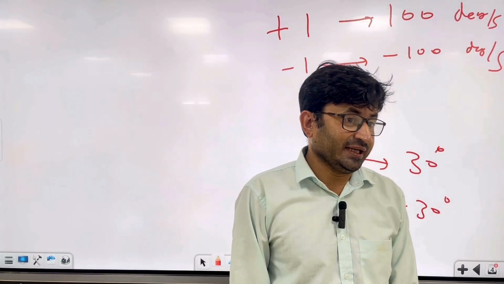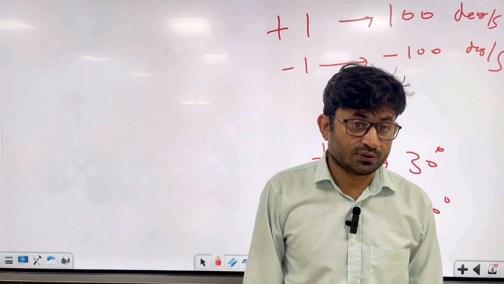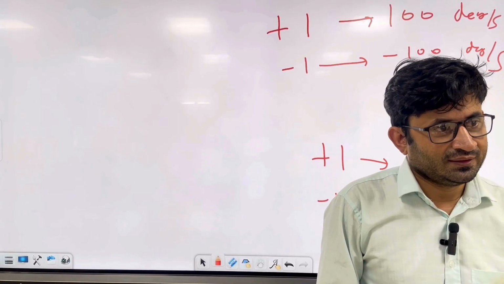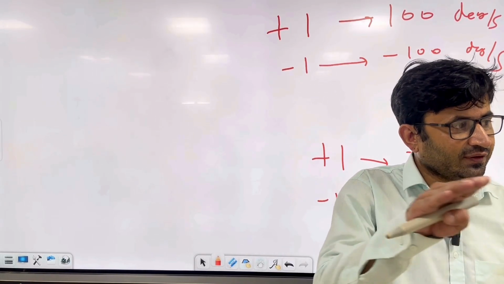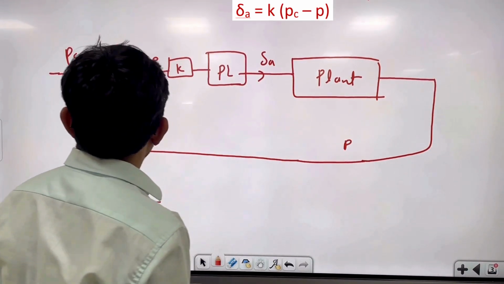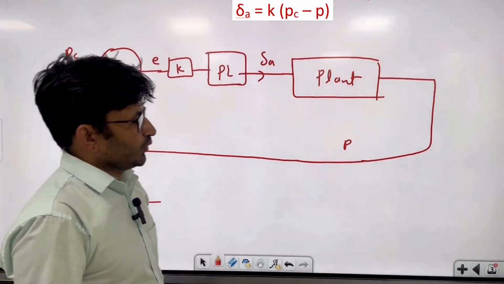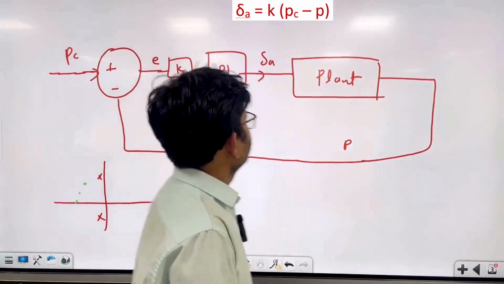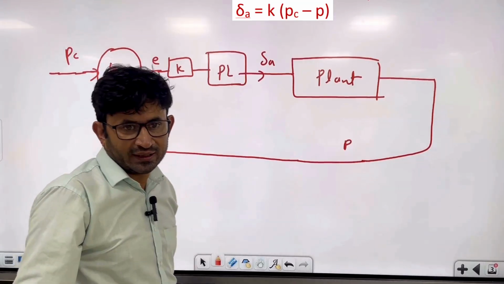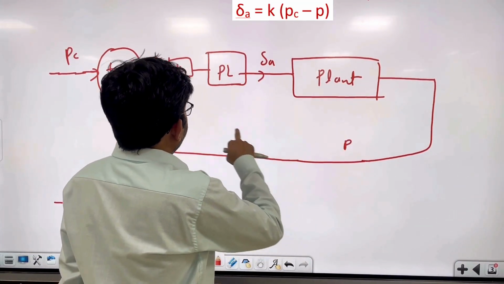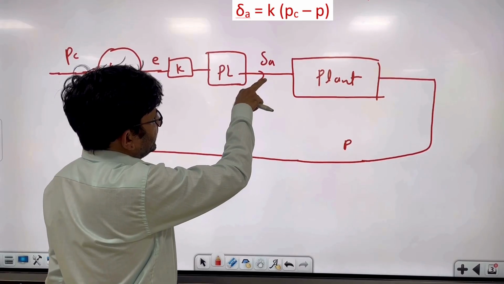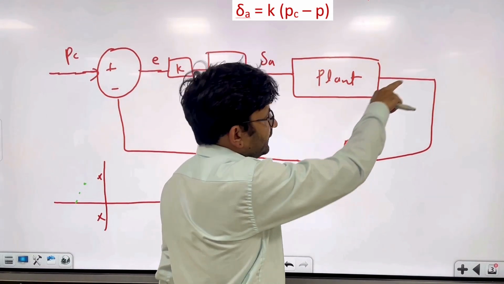Now in the second case, the mode is called rate mode. In rate mode the stick is connected with the rate, and that rate command goes to the rate controller. For example, in this block diagram you can see, when you put the stick left or right, that P will be commanded, full stick max command, and then it goes to the gain and then the physical limit, and then aileron delta A will be generated and go to the aircraft, and you will take the feedback.